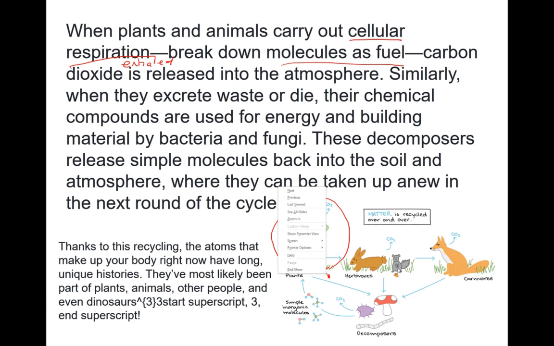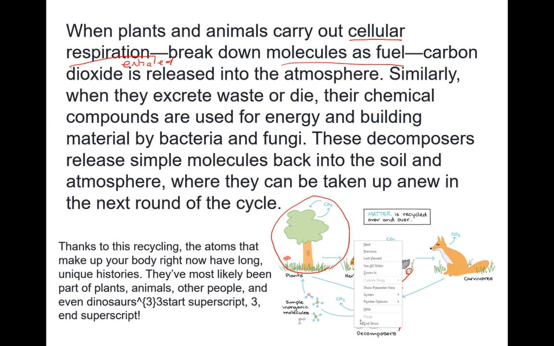Even if it's just the waste from an animal, the waste also gets recycled using decomposers, and the decomposers are able to get the simple organic molecules back into the soil.